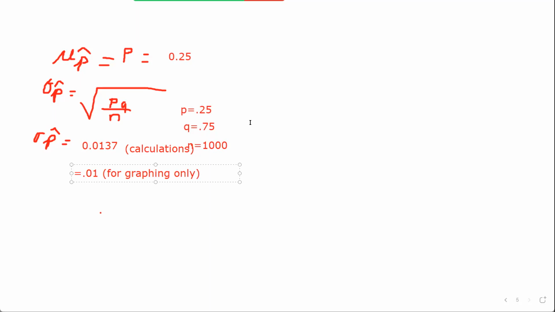So now we know it follows a bell curve. We know what the proportion is. We know what sigma of p hat is. Now for, hopefully, the easy part. This should not be the hardest part of your life. You've done this before. You've been doing it since chapter 3.